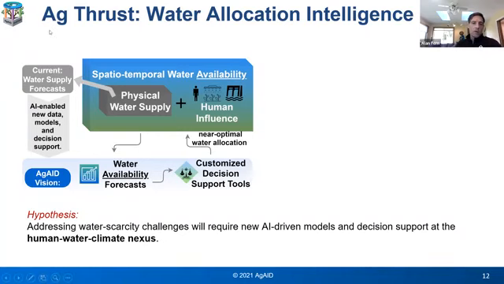They're trying to develop models that combine the human and water system that will make better forecasts for decision makers. And then they're also going to be working with policymakers and district level decision makers to figure out what decision support tools would be most useful to them.